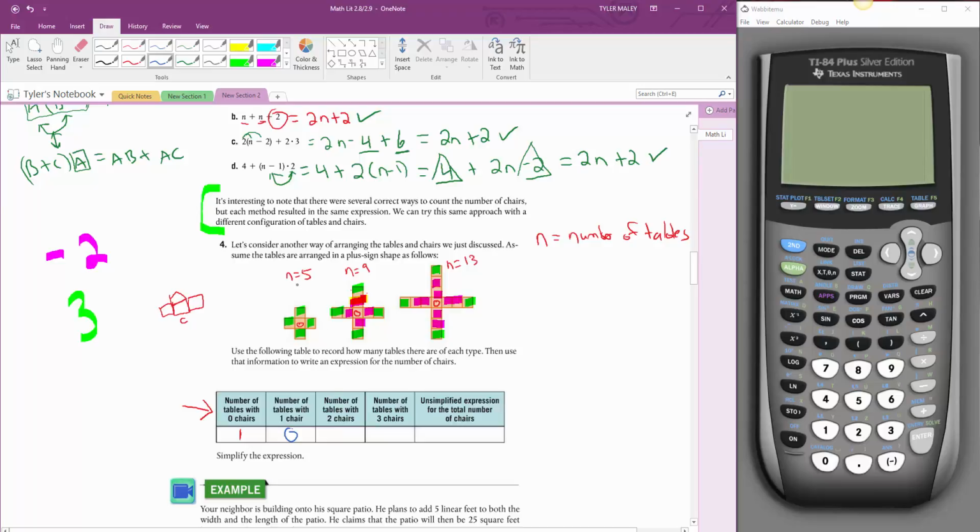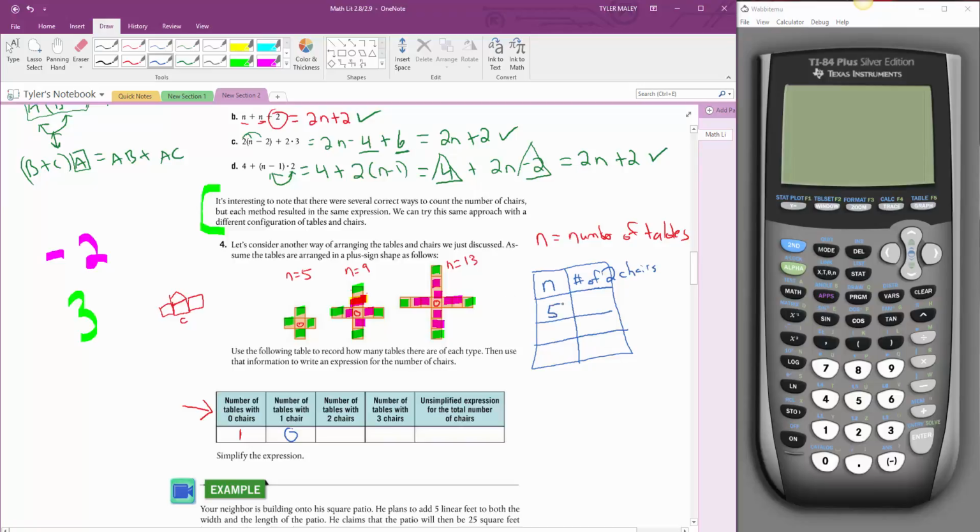When n is 5, I have 0 of these. So maybe make a table. Here we'll put n, and here I'll put number of tables with 2 chairs.